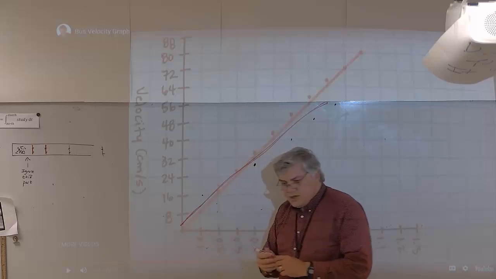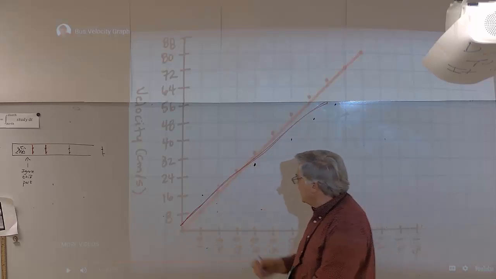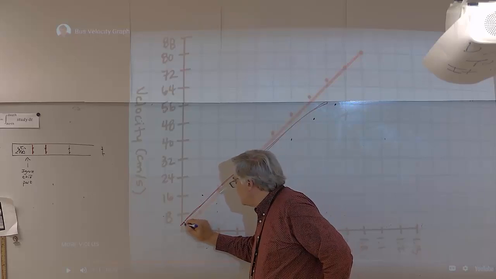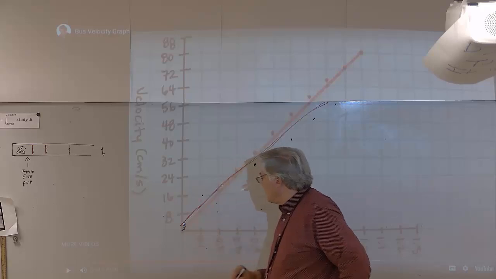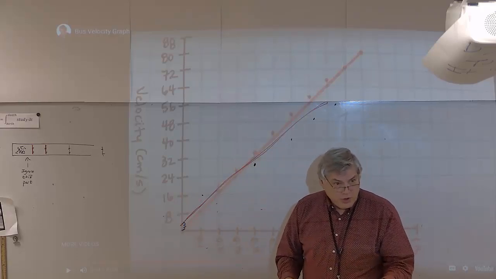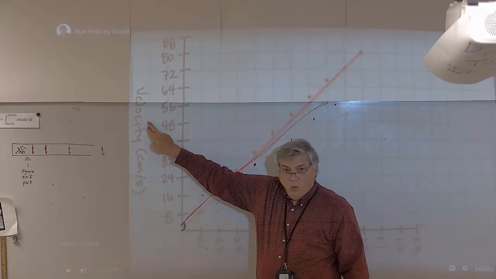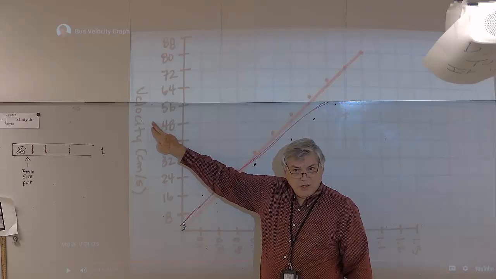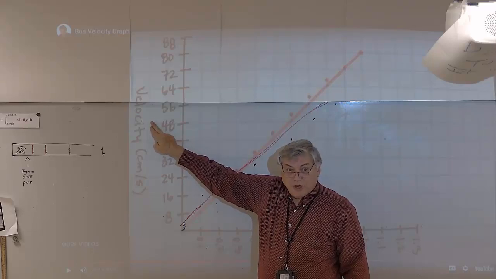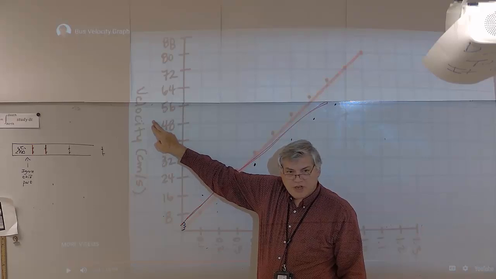Notice that the straight line does not go into the origin. And there is this little y-intercept right here. I call it a y-intercept because that's what you're used to. But it's not a y-intercept at all. What is this axis? Velocity. So this is a velocity intercept. All right, this is a velocity intercept.